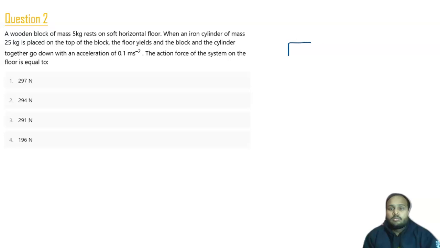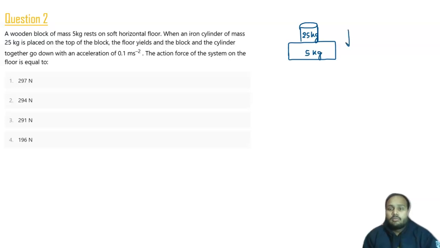So we have a wooden block upon which we have an iron cylinder, something like this. So this is the diagram. This block is 5 kg. Fine. This iron cylinder is 25 kg. Fine.